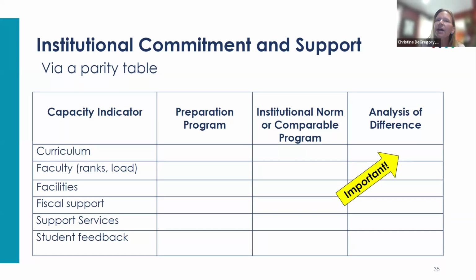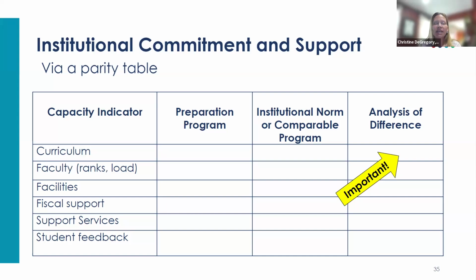And if you don't, this is a place where we have seen the Accreditation Commission come down in their decision through a notation with a nod to perhaps resources, right? And then it's on that official action report.